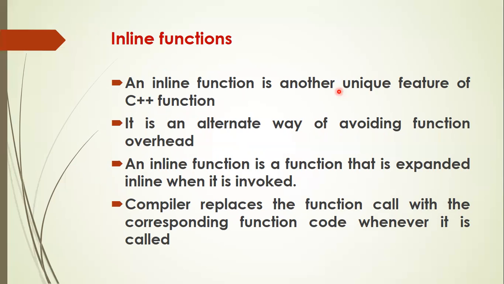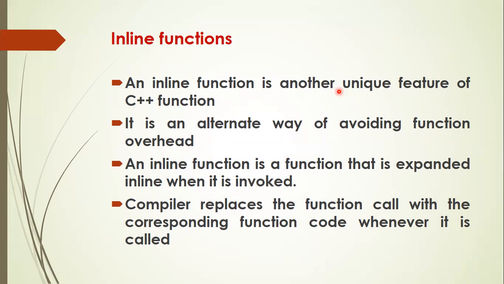The reason it's called an inline function is this: whenever you call that function, for example, in the previous example, the calling function is the main function and root is the called function. Suppose I make the root function an inline function. Whenever you call the root function, the control will not go from main to the root function.